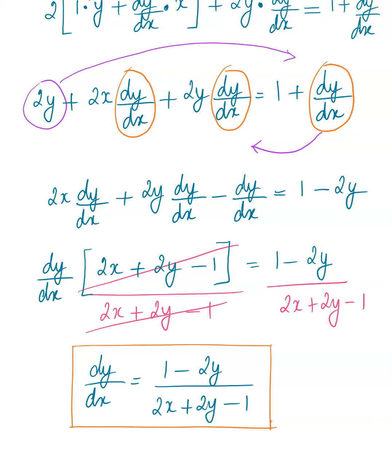Why it doesn't bother us to have the x and the y is that if I want to find the slope or the derivative at a particular point, let's say (2, 3), the x will be the 2 and the y will be the 3. I plug in x as 2 and y as 3 in this expression, and I would get a numerical value, the slope of the curve at that point.